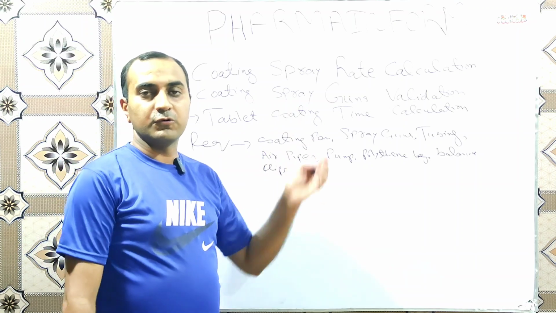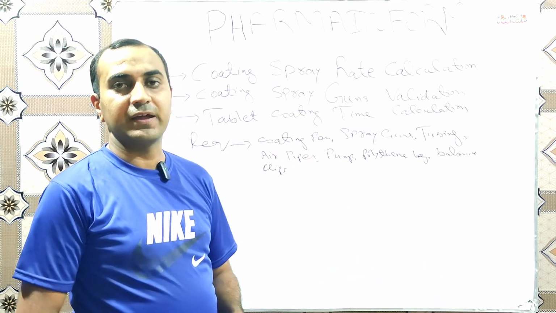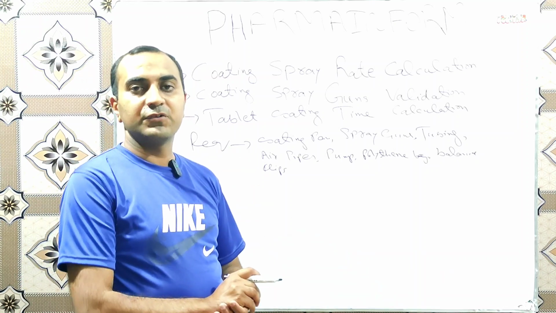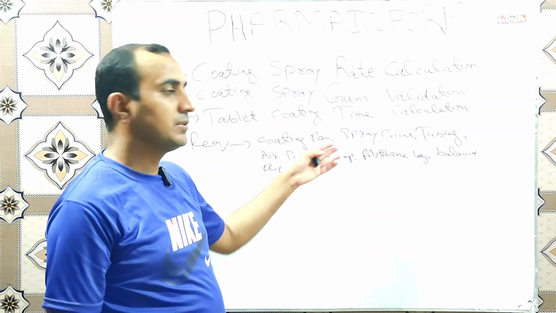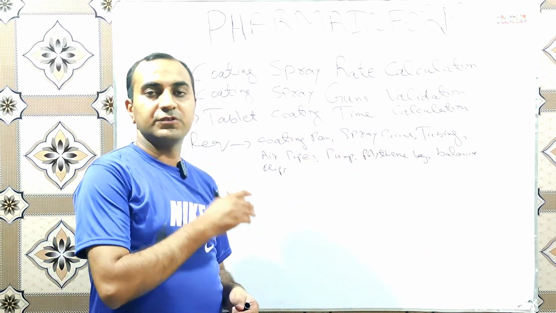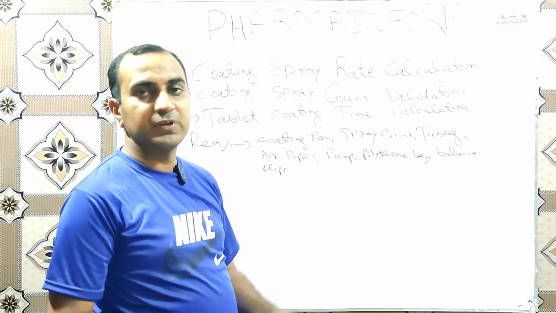So for these calculations, first of all we must have a coating pan and all the assemblies must be connected, meaning our spray guns must be connected with silicone tubings and compressed air pipes, our suspension must be prepared, and a peristaltic pump must be available.